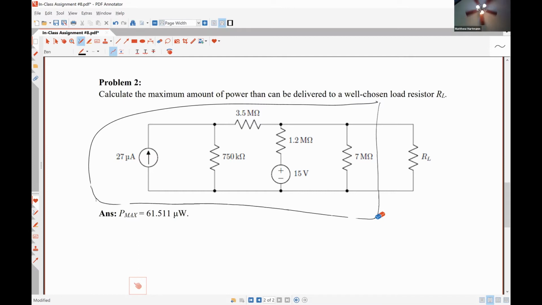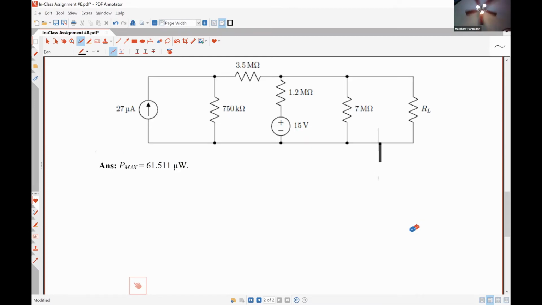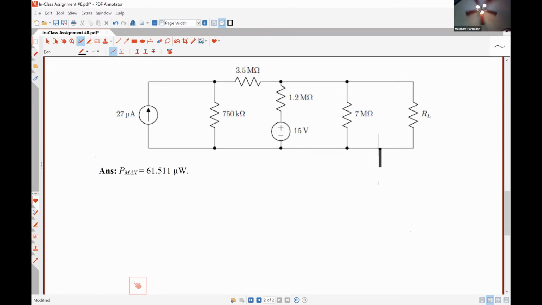So I'm going to redraw this real quick with open terminals where RL would be.